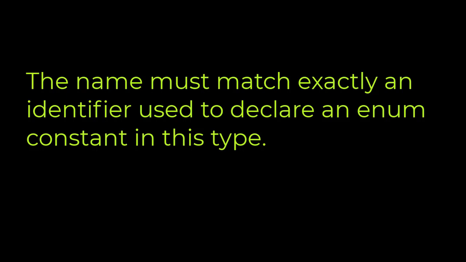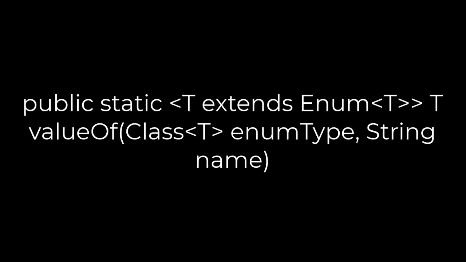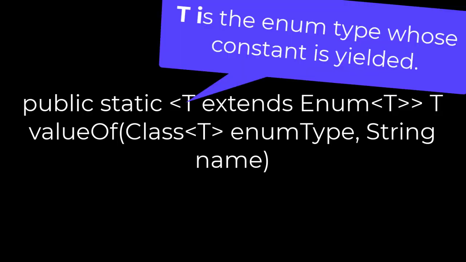Now, if you're going to declare this, it should start by typing in public static, then <T extends Enum<T>> T valueOf, then Class<T> enumType, and String name.